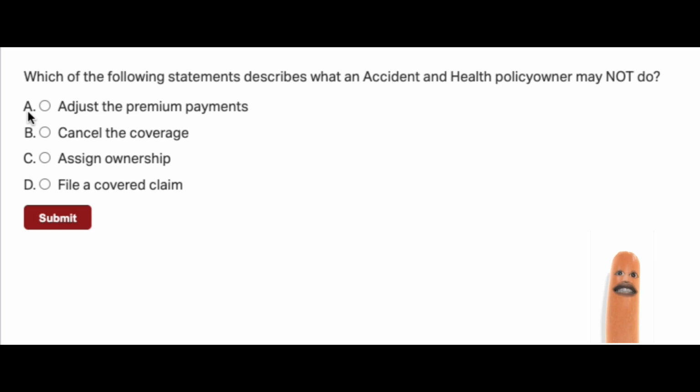Which of the following statements describes what an accident and health policy owner may not do? A, adjust the premium payments. B, cancel the coverage. C, assign ownership. Or D, file a claim. Assign ownership, that's what I'm thinking.